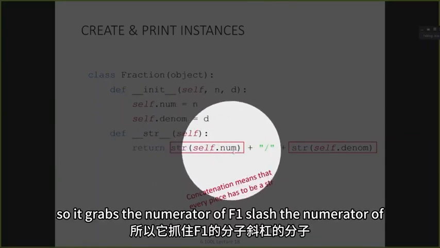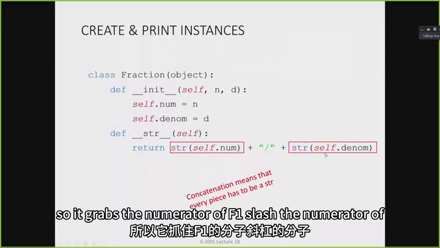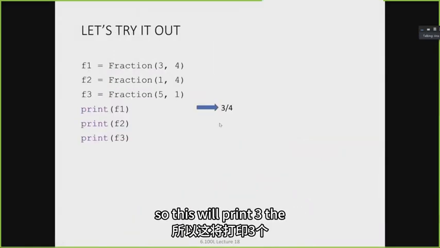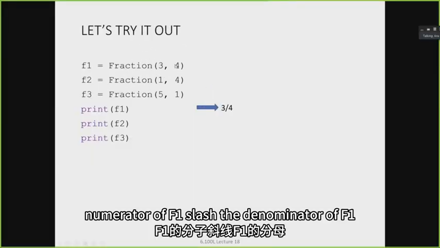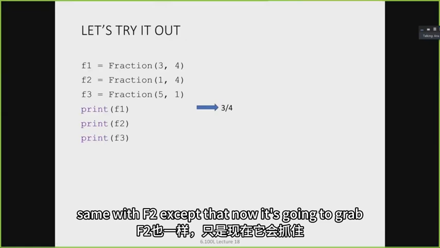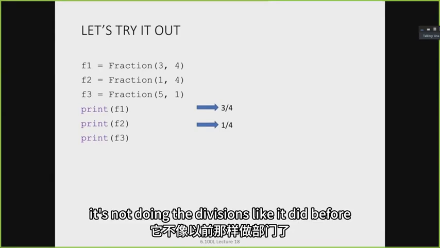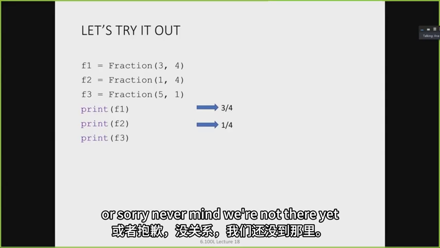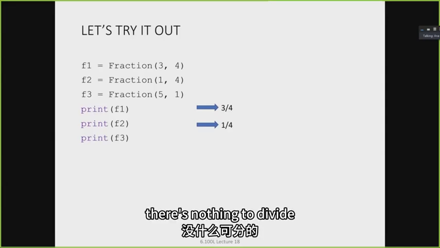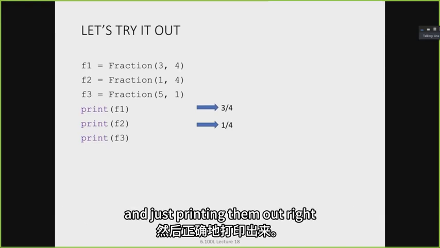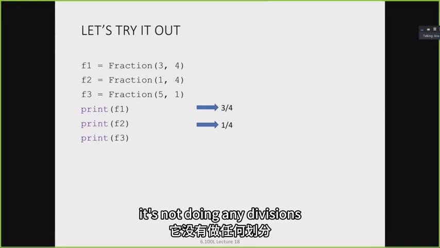So it grabs the numerator of f1 / the denominator of f1. So this will print 3, the numerator of f1 / the denominator of f1. Okay? Same with f2, except that now it's going to grab f2's numerator and denominator, 1/4. So notice now it's not doing the divisions like it did before. Or sorry, never mind. We're not there yet. There's nothing to divide. It's just grabbing the numerators and denominators and just printing them out, right? It's not doing any divisions.